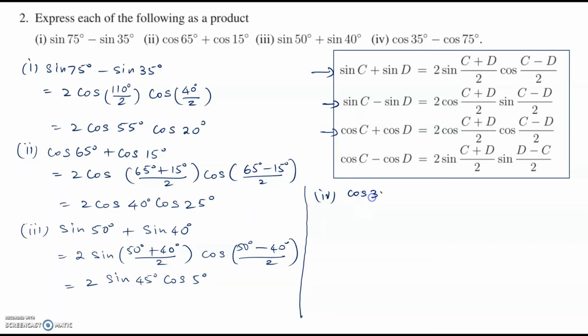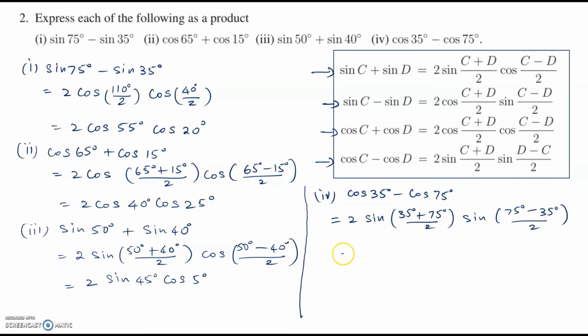Question number 4, cos 35 degrees minus cos 75 degrees. We'll be using the last formula for this. So that's equal to 2 times sine of (35 degrees plus 75 degrees) divided by 2, into sine, our d will come first, so it will be (75 degrees minus 35 degrees) divided by 2.